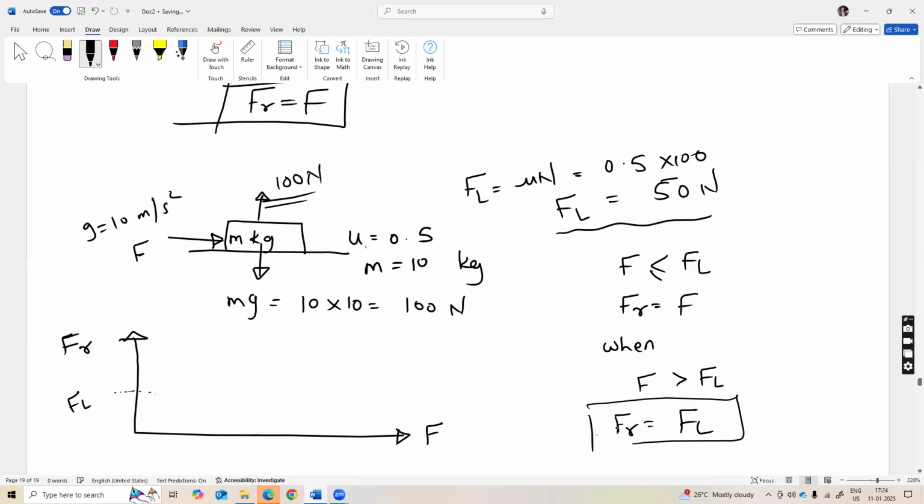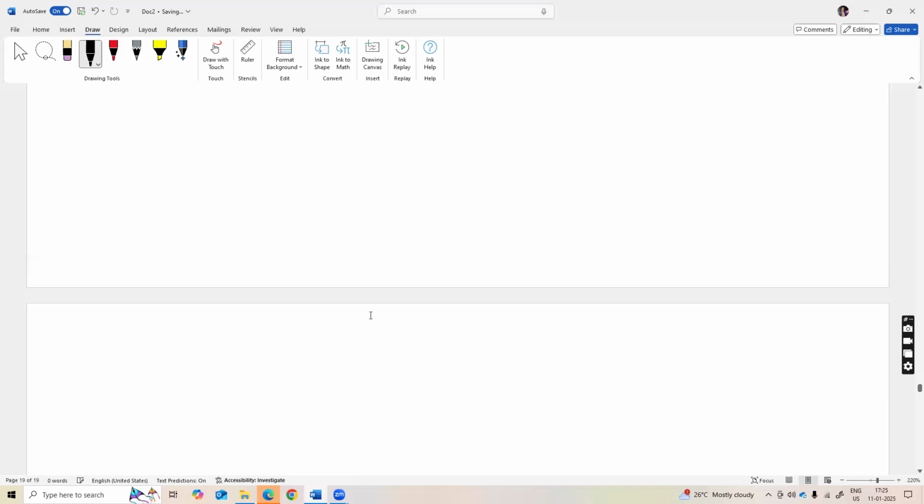Until Fl, F and Fr will be equal, which is the region where Fl is greater than or equal to F. Then the frictional force will remain constant when Fl is less than F. So we have seen this graph also last time.